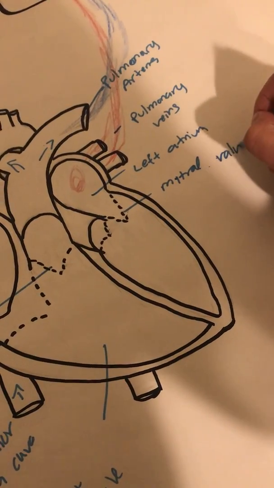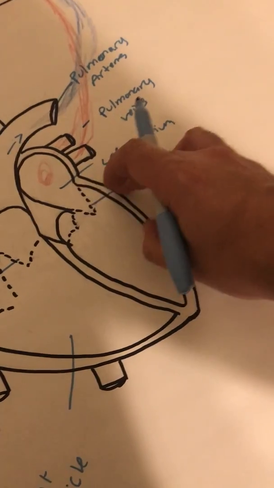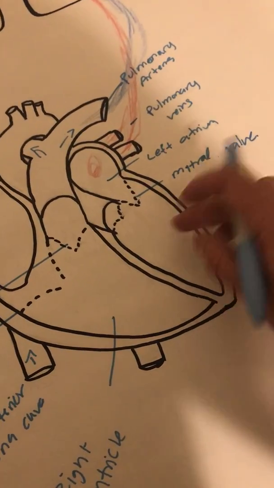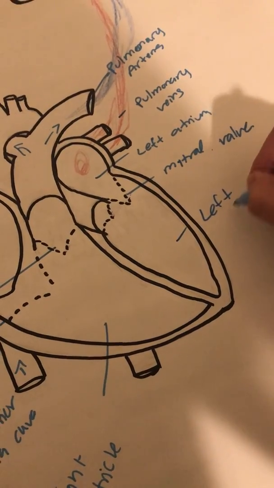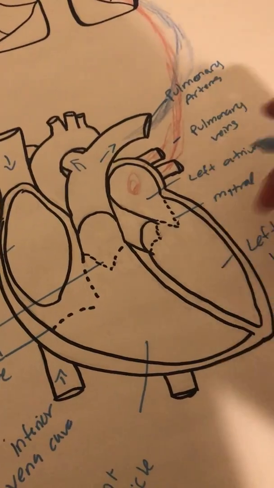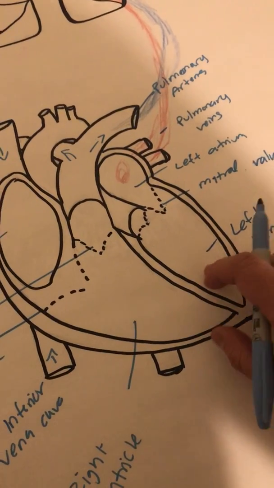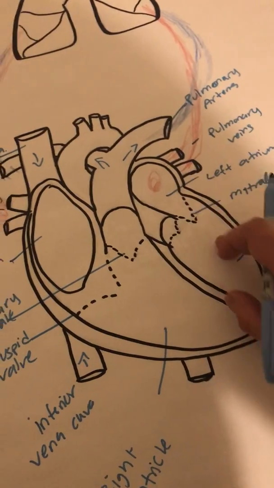Valve. Okay, so it will open up, releasing the blood to go into the left ventricle. And then once the blood is in the left ventricle, it will shut off the valve so the blood doesn't go back into the left atrium.